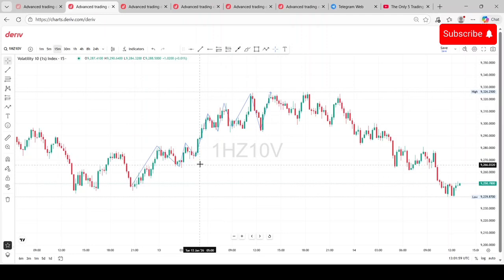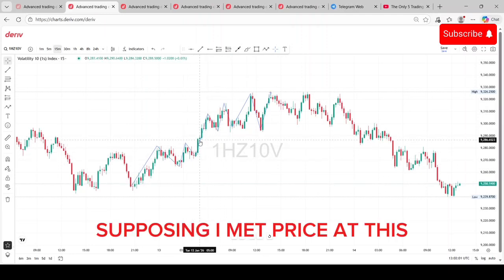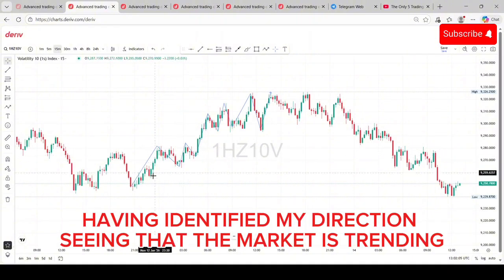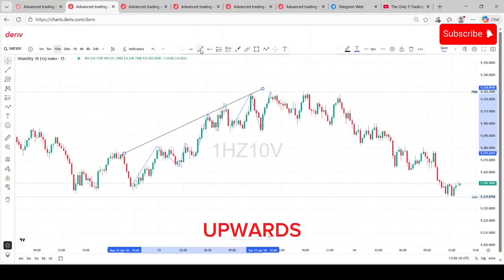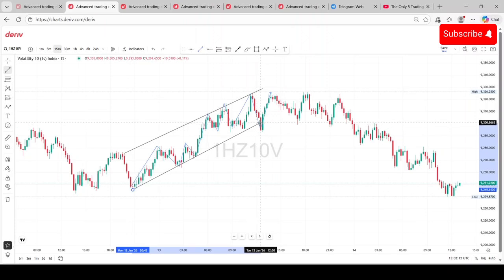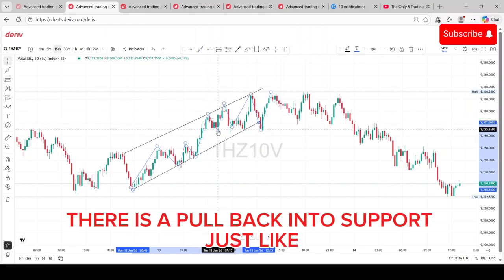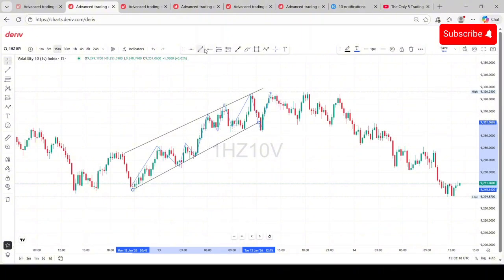So supposing I met price during this run to the upside, having identified my direction, seeing that the market is trending upwards, I want to be able to catch price when there is a pullback into support, just like around here.